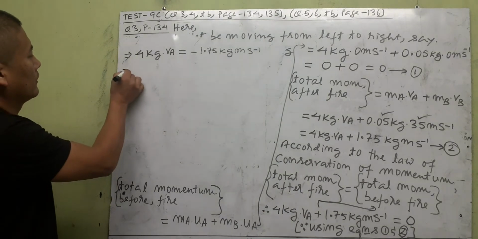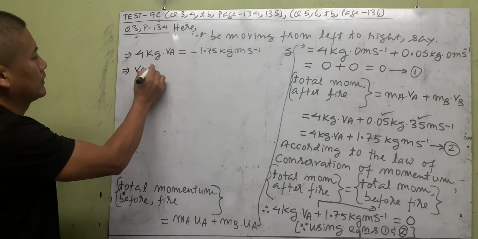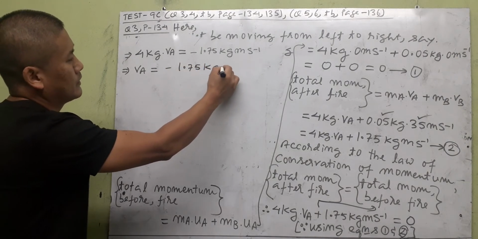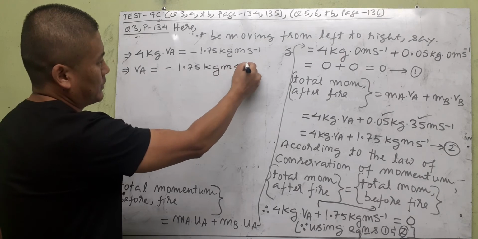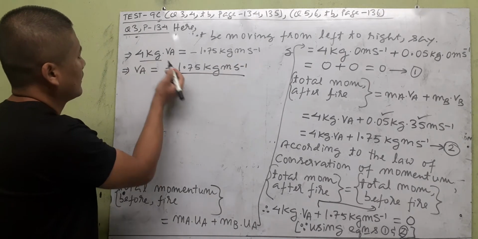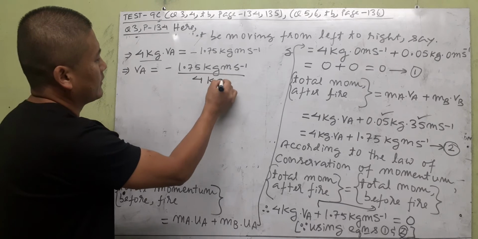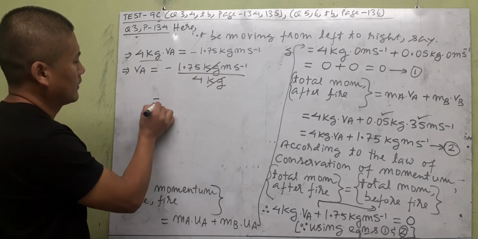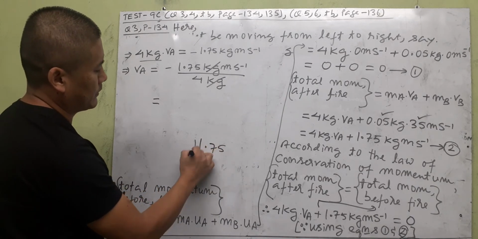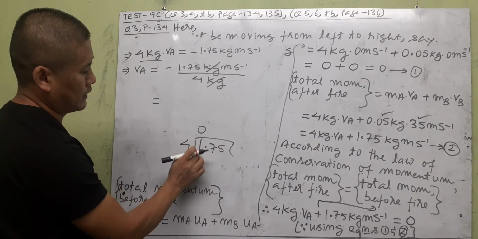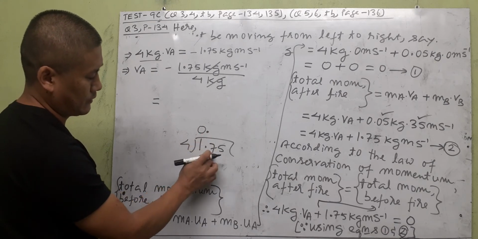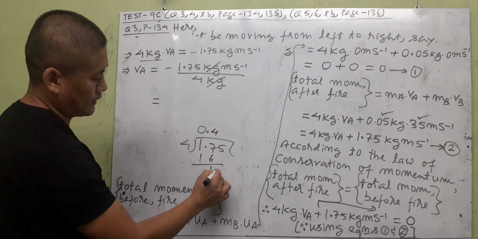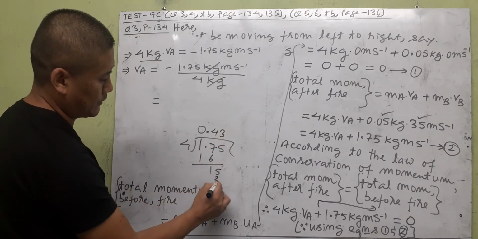Then recoil velocity, just put it alone here, VA equals minus 1.75 kg meter per second divided by this 4 kg, which goes to the denominator. Kg cancelled. Then divide 1.75 by 4: 1 is less than 4, so 0 point, then 17. 4 4s are 16, 1 in hand, 5, 3s are 12.